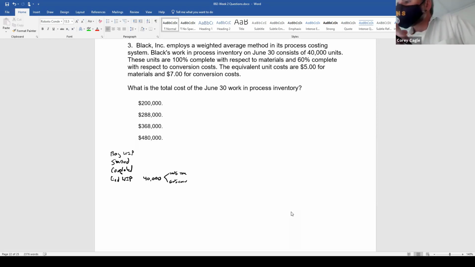All right. The equivalent unit cost. Oh, okay. Throwing a little curveball at us here. The equivalent unit costs are $5 for materials, $7 for conversion. So, okay, they've given us only this amount for our step one.